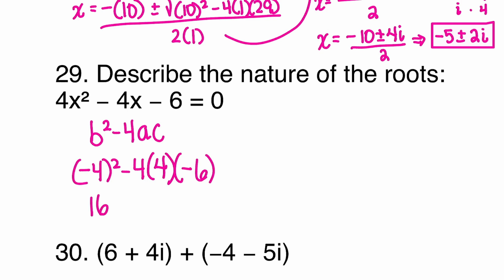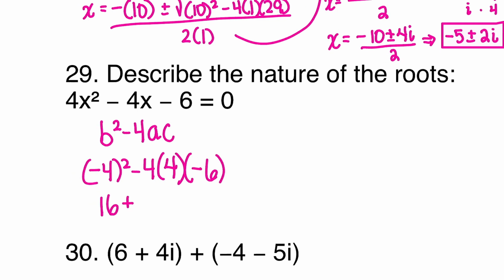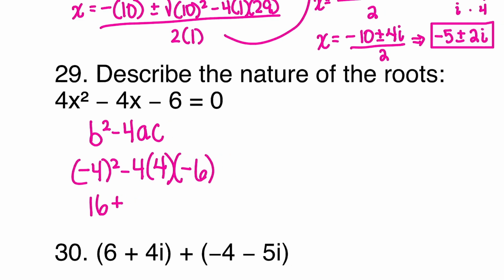So we're going to have 16 plus 96. And that answer is going to be 112. Anytime that we have a discriminant that is greater than 0, we are going to have two real solutions.